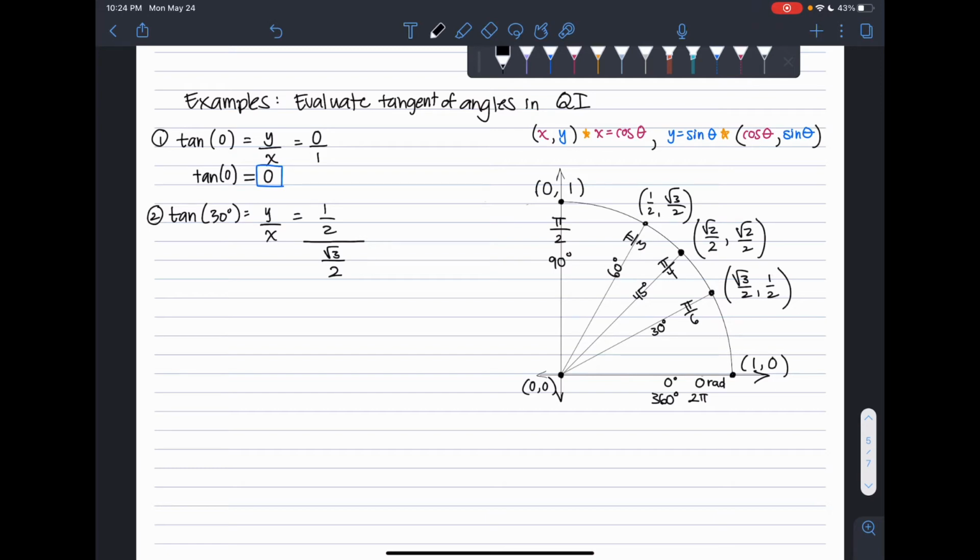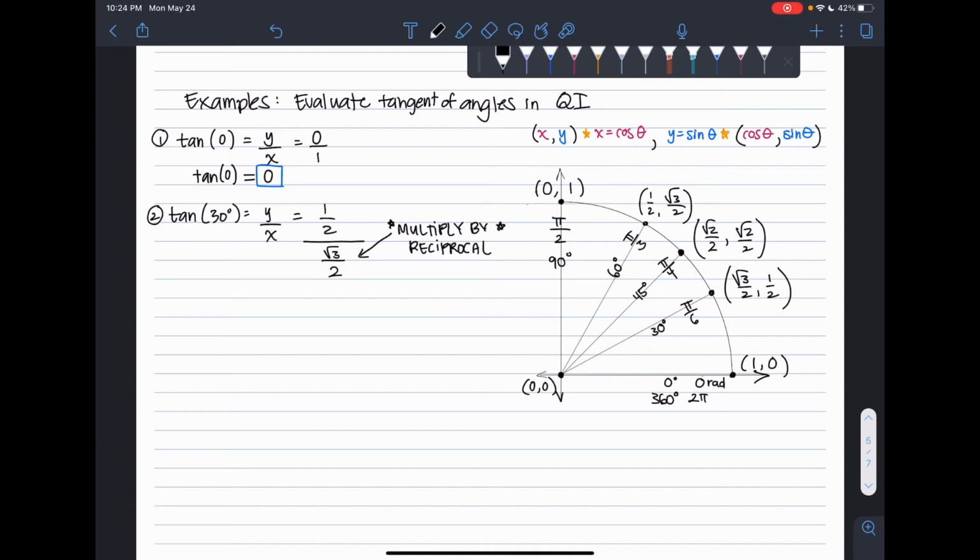So we have a fraction, and we're going to divide by a fraction. Whenever we see something like this, we're going to multiply by the reciprocal.